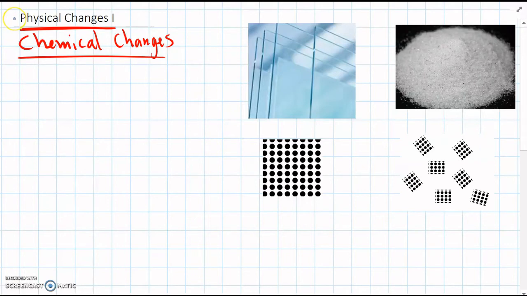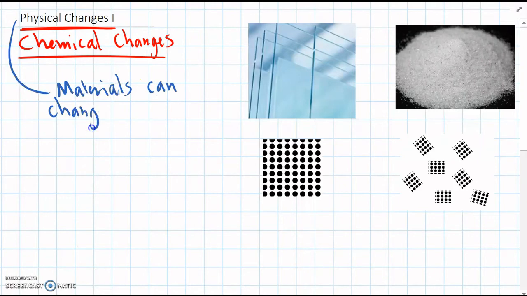And the key with a physical change is that the material stays the same material at the end of the change. So materials can change physically, so what they look like or what they feel like, but they stay the same material in the end.